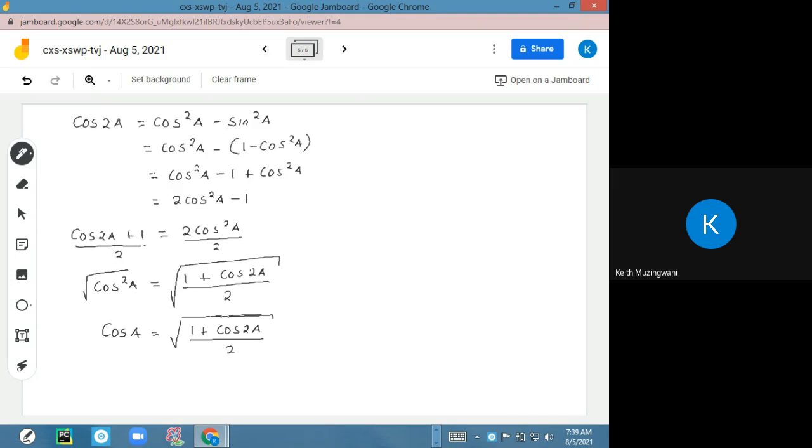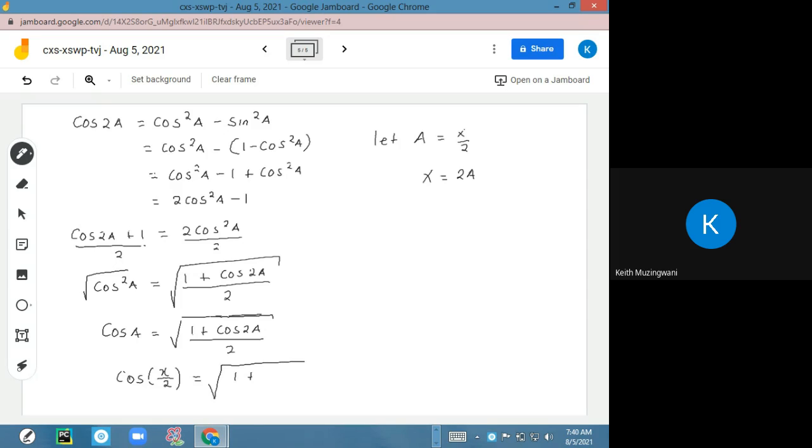And then again, we let a be equal to x over 2. So if you solve for x, you realize that x is actually equal to 2a. Then you come here and substitute. It is a, the same as x over 2.